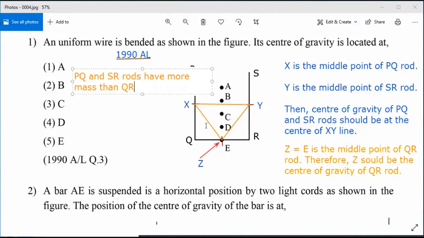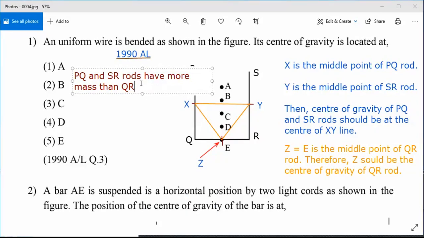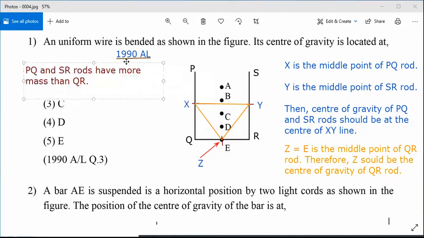Why? There are two rods. QR is a single rod. PQ is one rod, SR is one rod, so the mass of two rods should be greater than the mass of a single rod. Therefore, PQ and SR rods have more mass than QR.